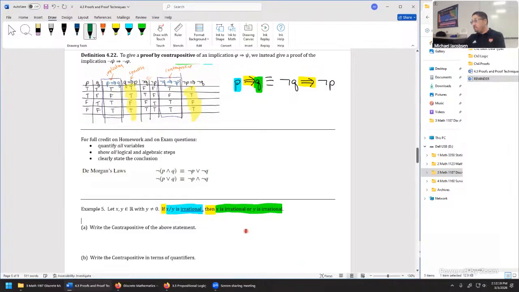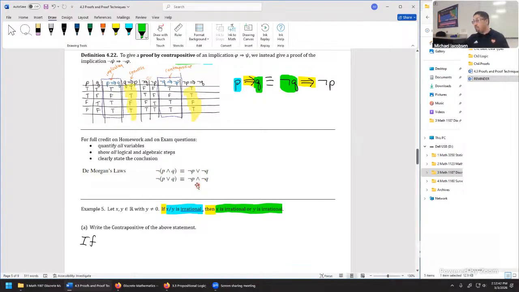The contrapositive of the above statement would say, I'm going to ignore this part. This is just going to be the overall assumption for the domain of the numbers, and focus on the if then. If we're starting in the contrapositive with this part, not Q, which means we negate this part right here.